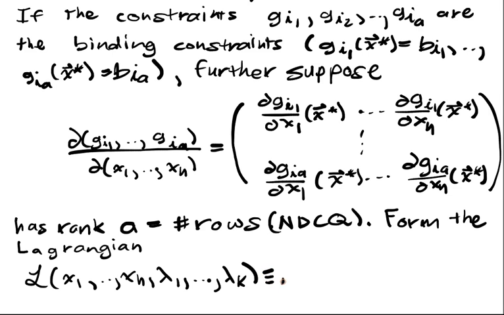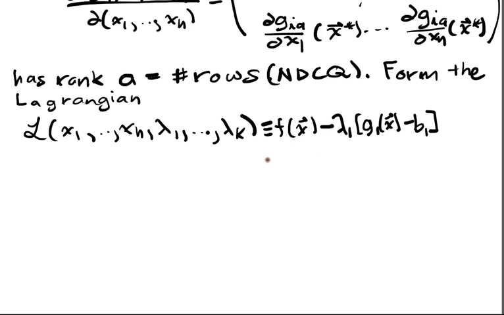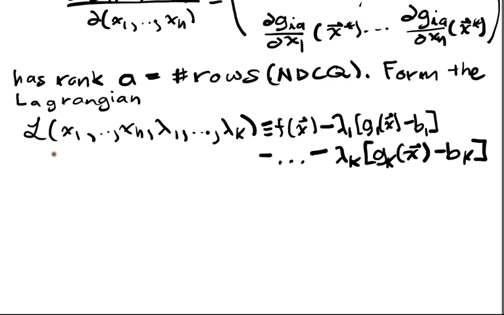And this is defined to be my f of x minus lambda 1 times g1 of x minus b1, minus dot dot dot all the way up to the kth constraint. So you form that function.